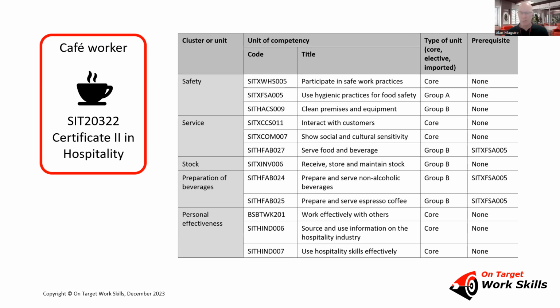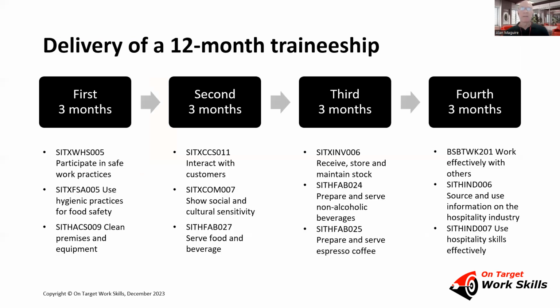So how can we use this? A Certificate II in Hospitality for a cafe worker can be delivered as a traineeship. The traineeship for this qualification would have a nominal duration of 12 months. We are meant to evenly spread out the units delivery over that period of time.